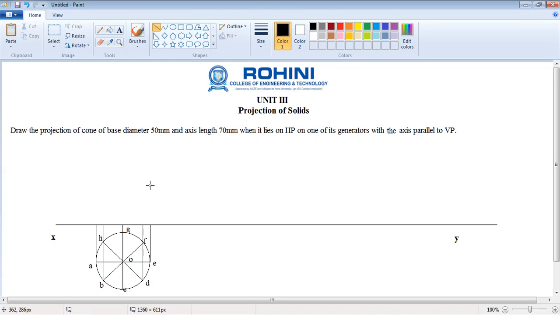Here in the front view, we can see the triangular shape. The axis length given is 70 mm, so we have to draw the axis, the center line, as 70 mm. And join all the points by using a scale.